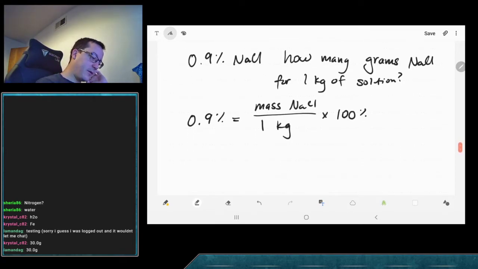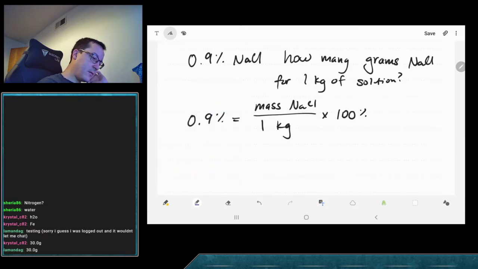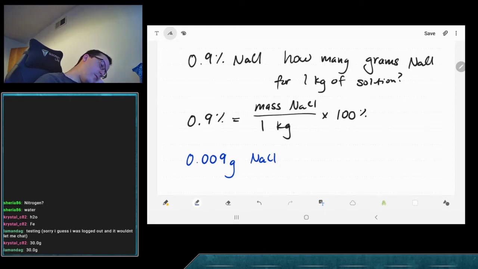And so if we go ahead and do the math here, let me see, converting this to percent, we have 0.009 grams of sodium chloride. This seems really small, but perhaps that's what it is.